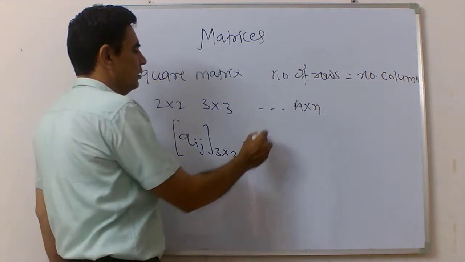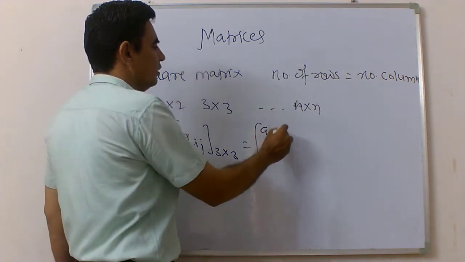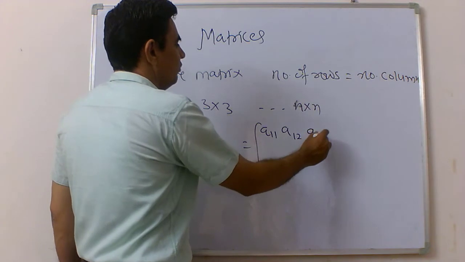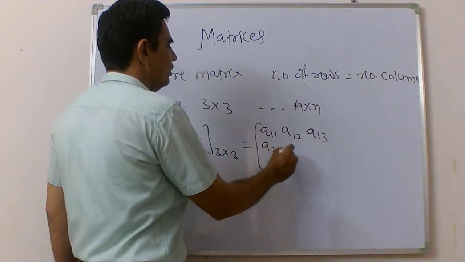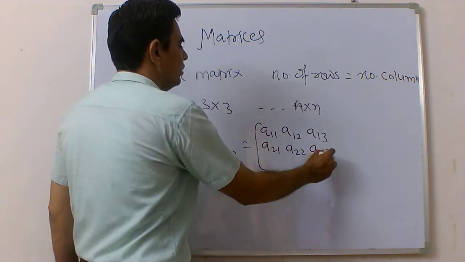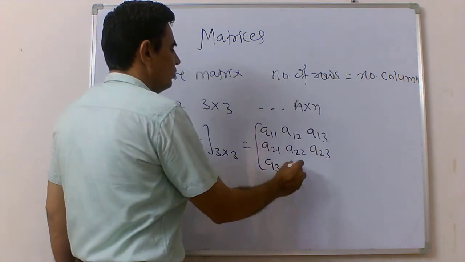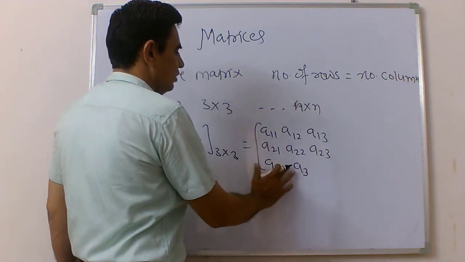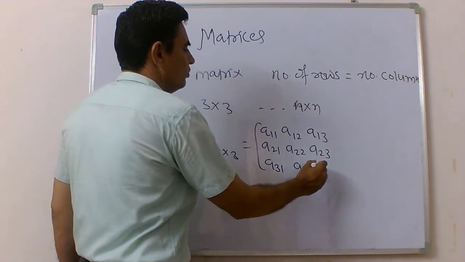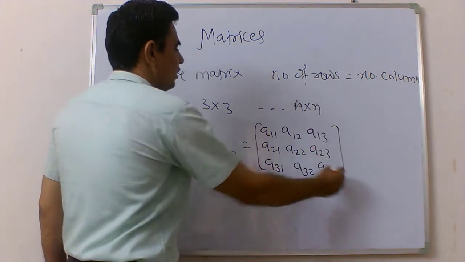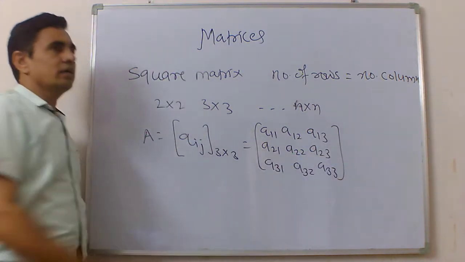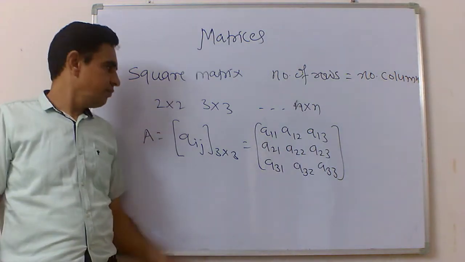We write it A11, A12, A13, A21, A22, A23, A31, A32, A33. So this is a matrix A, Aij of order 3 by 3.